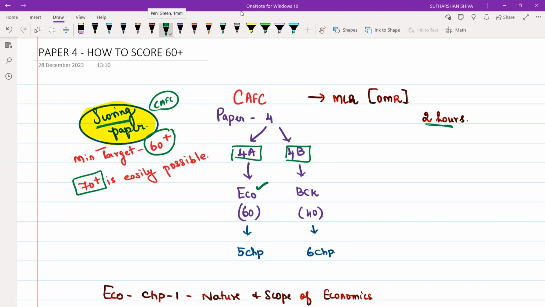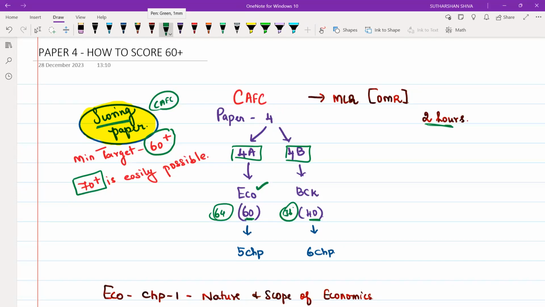But what has actually happened in examinations is that sometimes they may ask 64 marks from economics and the remaining 36 from BCK. This may also happen. We cannot exactly assure that they will ask 60 marks from one and 40 from the other. So basically, we will believe in this 60-40 criteria, but we will prepare for any scenario.